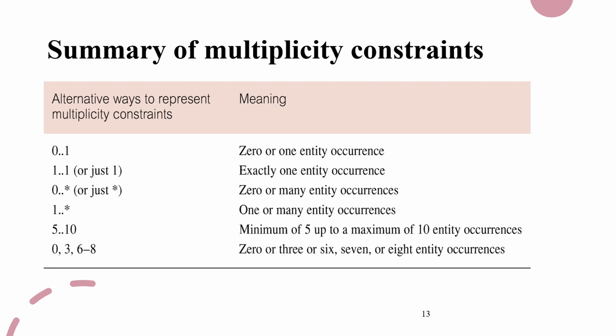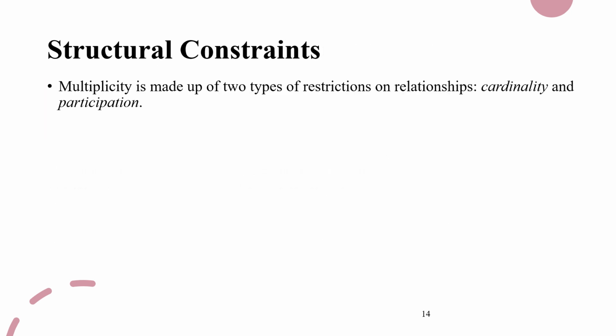Then 0, 3 is optional, and there is also a range from 6 to 8. So these are examples of various multiplicity constraints in association.